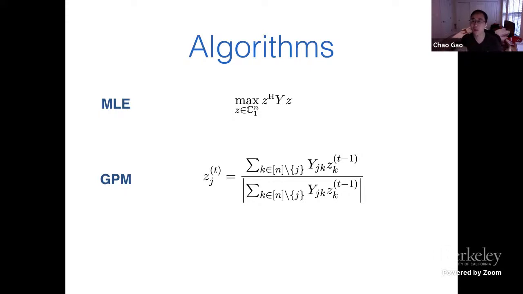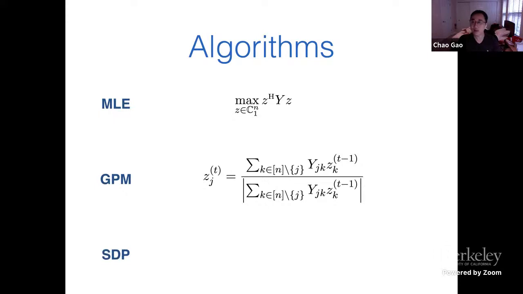That's why it's called the power method. You first compute a product between Y and Z. And then for this vector, what you do next is to normalize each entry of the vector so that each entry has norm 1, because you want to estimate an angle. That's why you project the vector. Okay, that's why the algorithm is called the generalized power method.